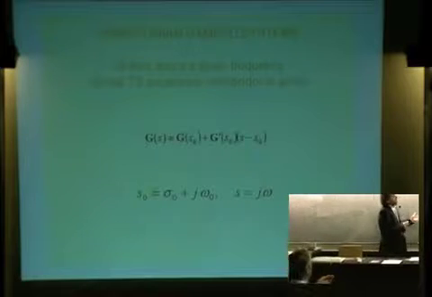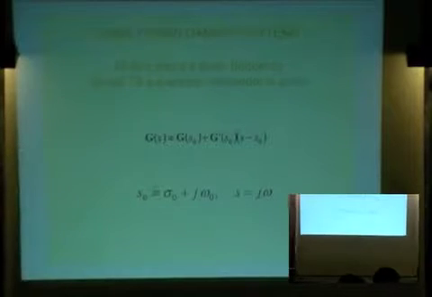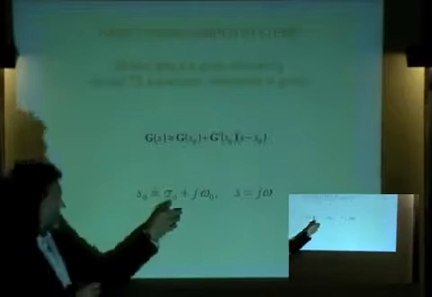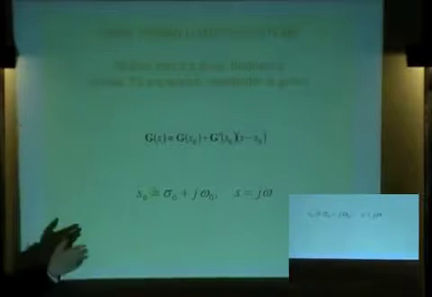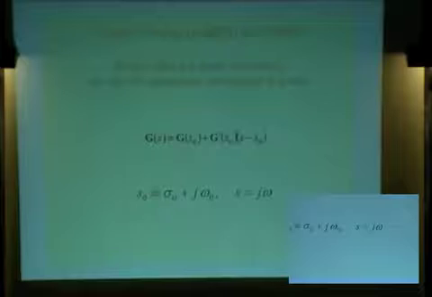Then I can assume that there is an initial point for the Taylor expansion. Suppose it is in the complex plane, sigma 0 and omega 0. And suppose that the S variable is just along the imaginary axis.